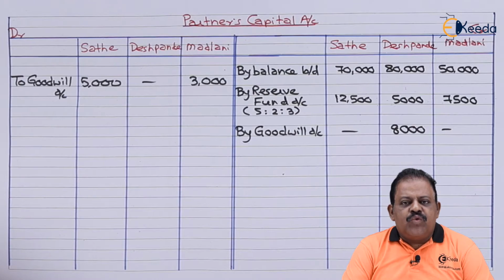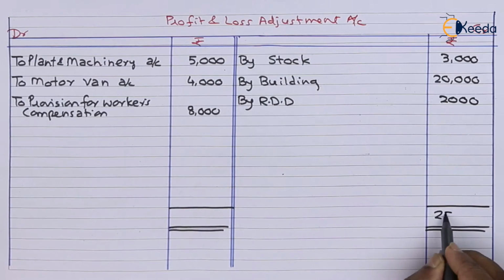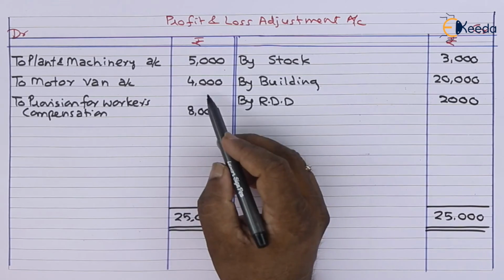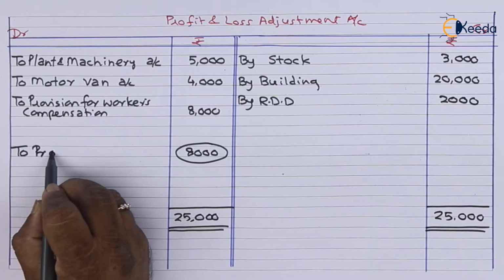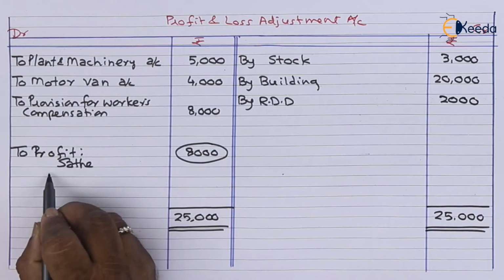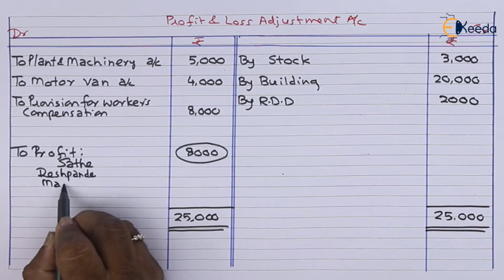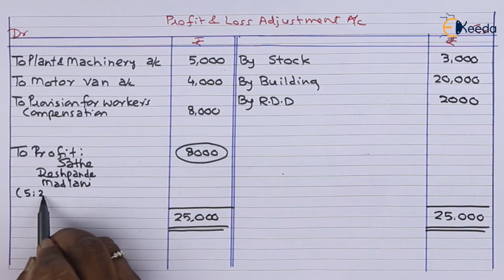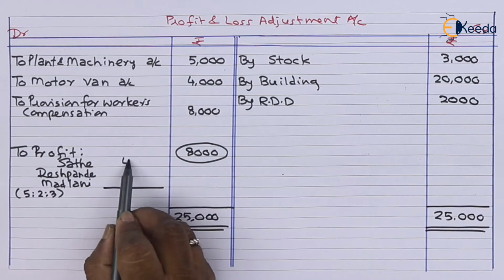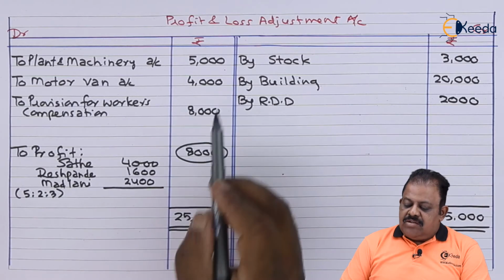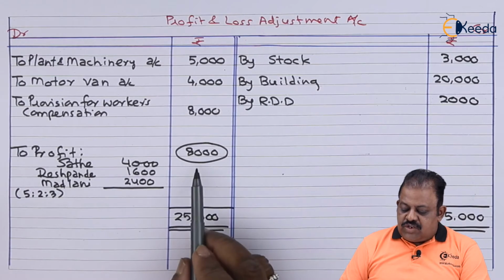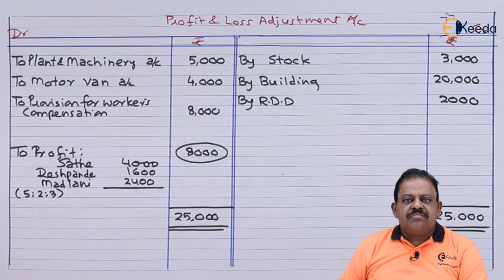Now we are required to close profit and loss adjustment account to find out profit or loss on revaluation. Profit and loss adjustment account is closed. It is showing profit of 8,000.